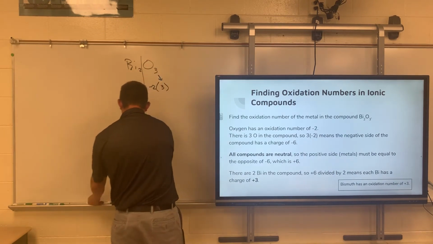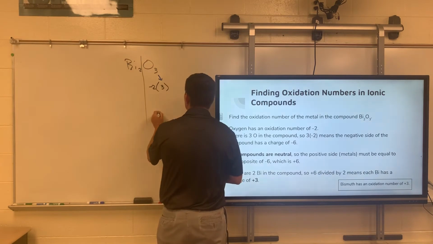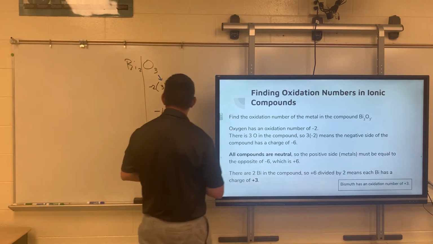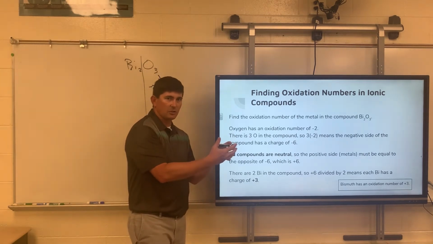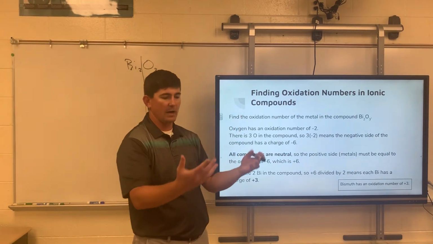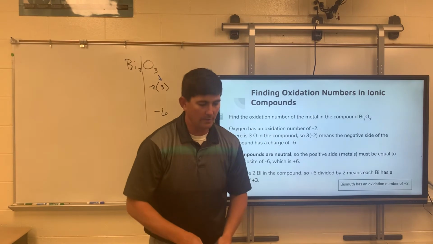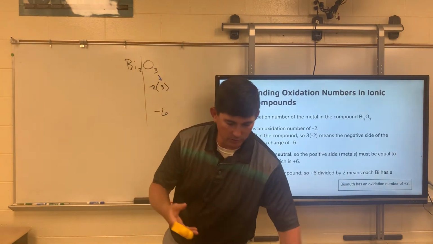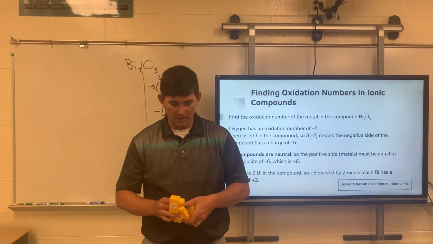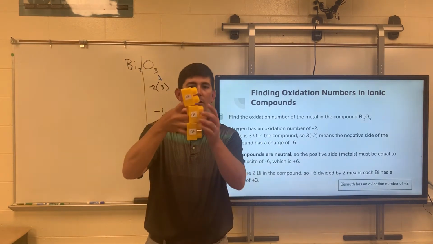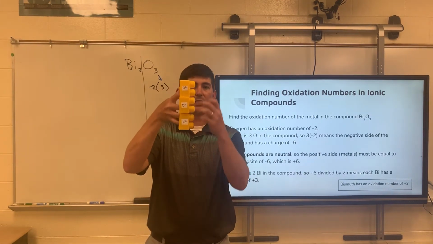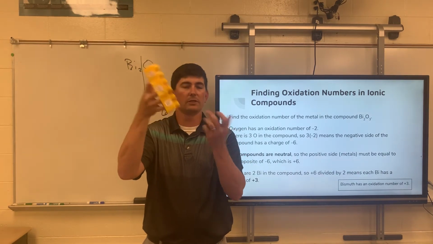Which means that this whole side is a -6, right? Since there's 3 oxygens, each of the oxygens is -2, that gives me a total of -6. So each oxygen's -2. If I have 3 of them, then I would have a -6 altogether. 1, 2, 3, 4, 5, 6, right?